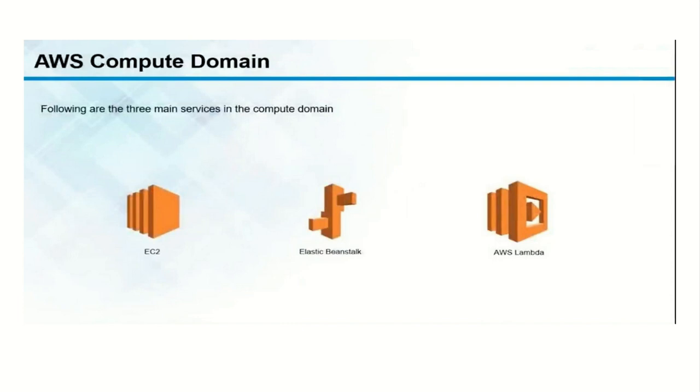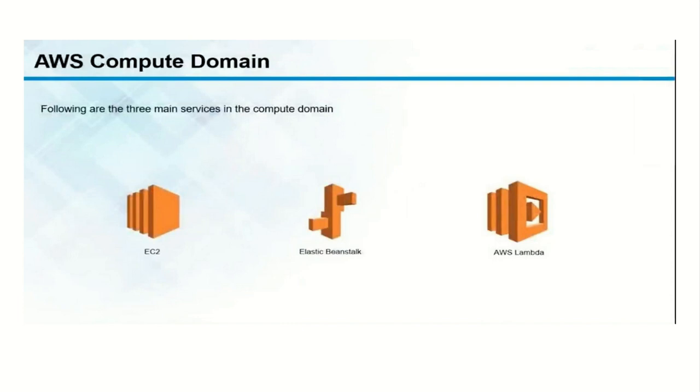Now the next service is Elastic Beanstalk, which is an automated version of EC2. With Elastic Beanstalk we don't get access to the operating system, but we still have control over the configuration of our system.